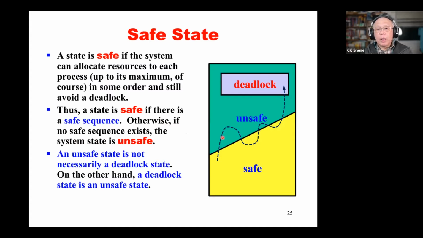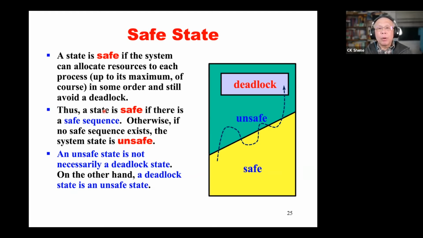Then we talk about safe state. A state is safe if the system can allocate resources to each process in some order and still avoid a deadlock. Therefore, according to a safe sequence, we could allocate resources based on the order given in a safe sequence.